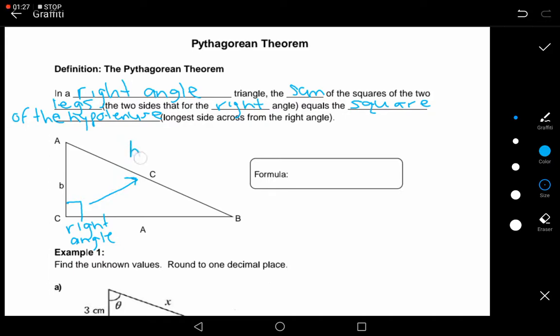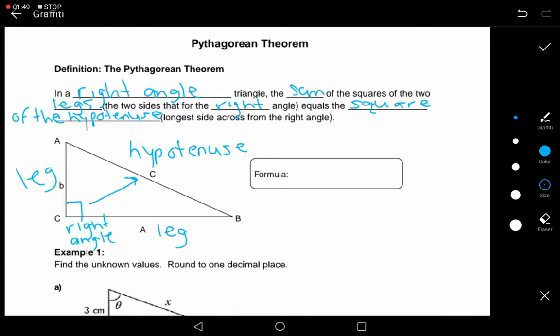So this is always going to be the hypotenuse. Okay, very important that it is always labeled correctly. And then obviously the other two sides we're just going to call legs. It doesn't really matter which one you call A and which one you call B.